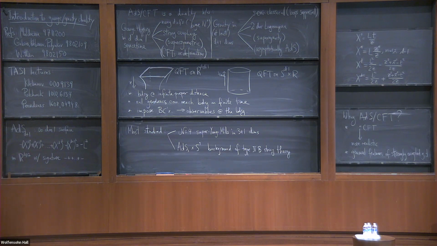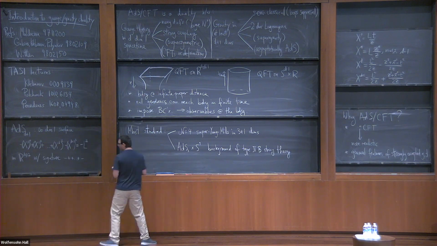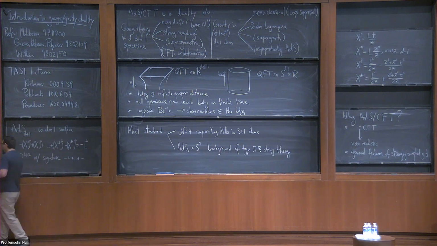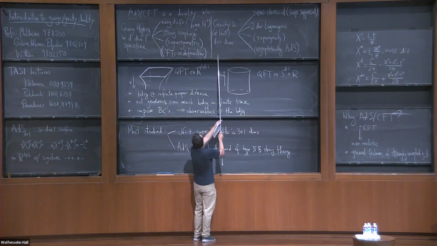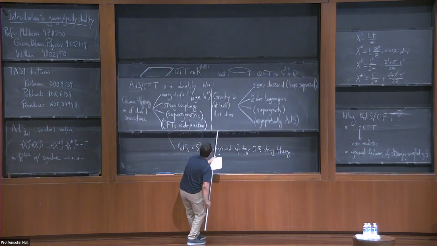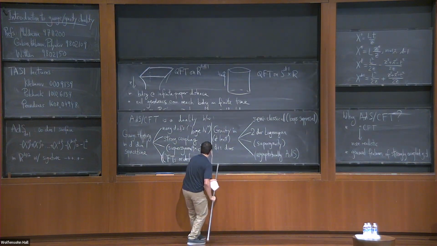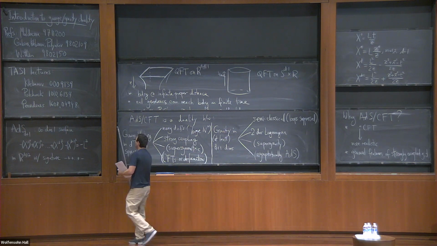Is it clear what the space is? It's just this surface embedded in R^(d,2). You can draw it as a hyperboloid. Okay.